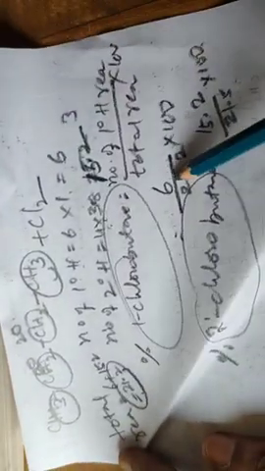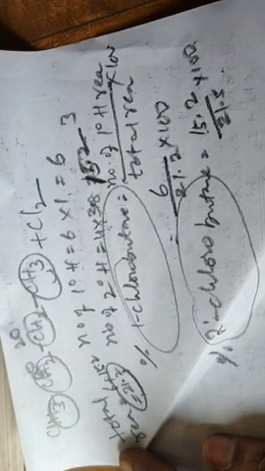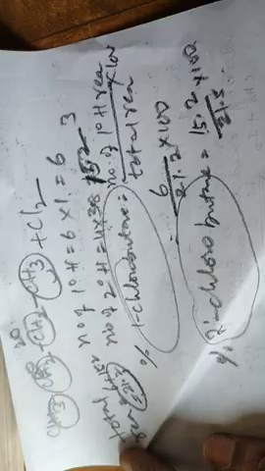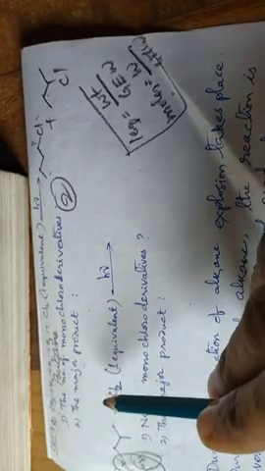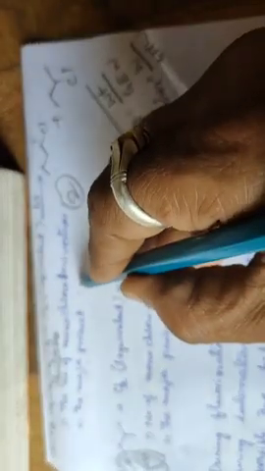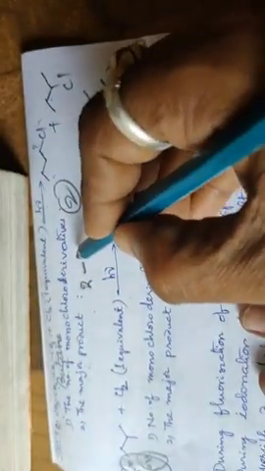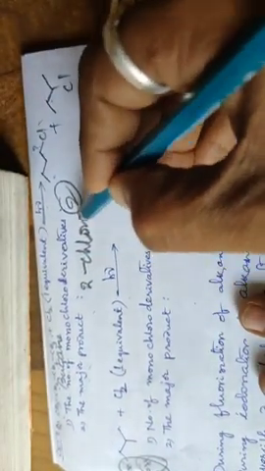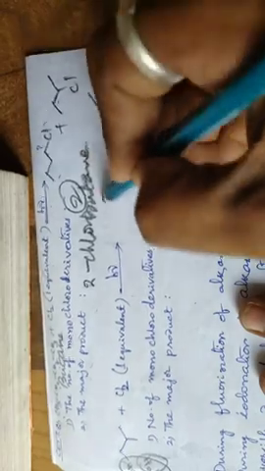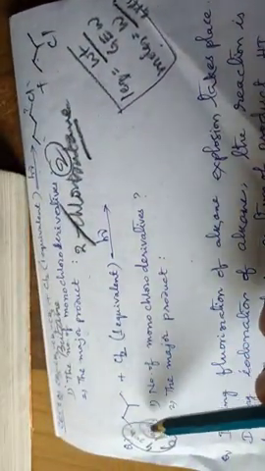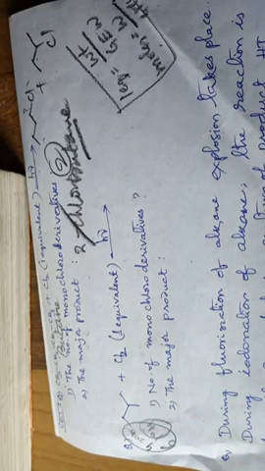Based on the calculation, what is your opinion? Observe, 2-chlorobutane is the major product. Next, observe another example. I will give you that later.